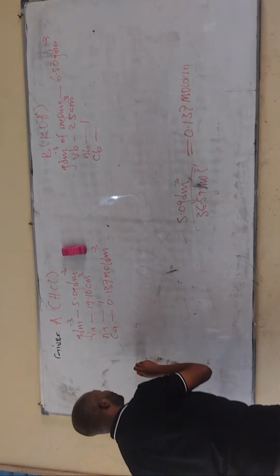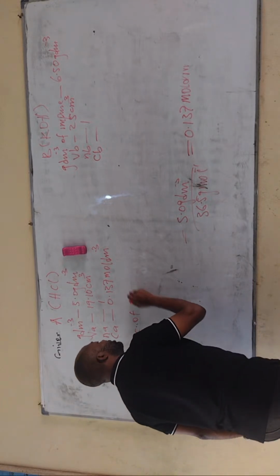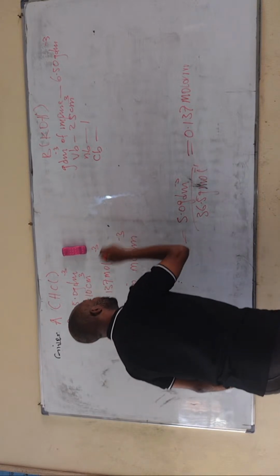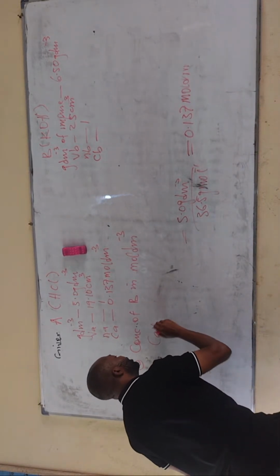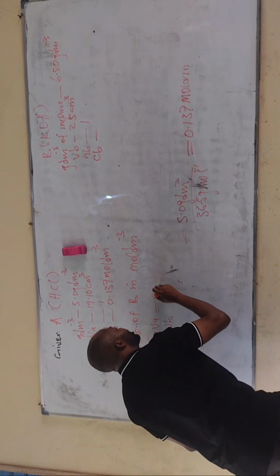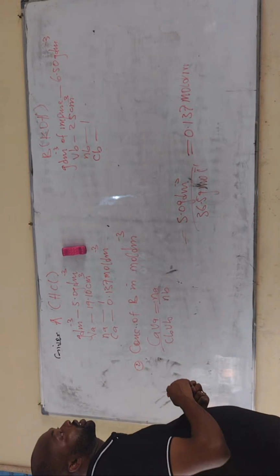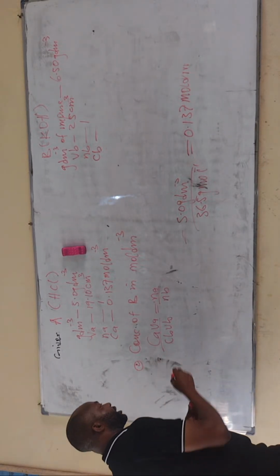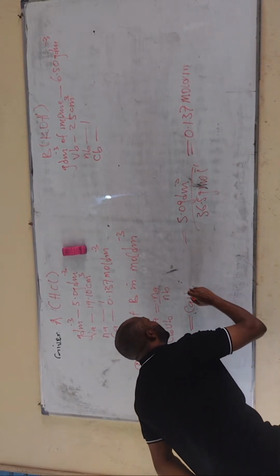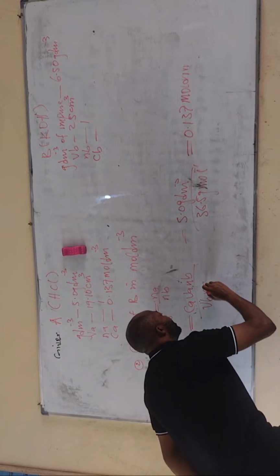Now, to find the concentration of B in mole per dm cube, we use the formula CAVA over CBVB equals NA over NB. We're looking for CB, the concentration of the base. So CB equals CAVANB over VBNA.